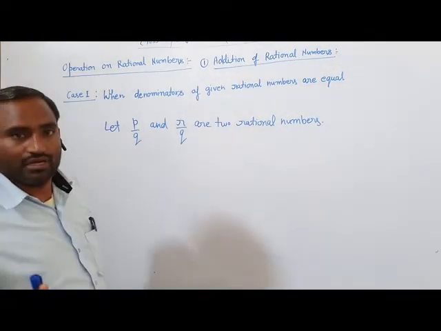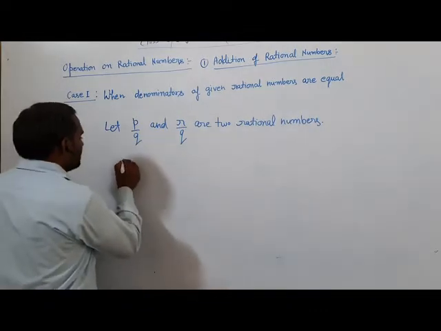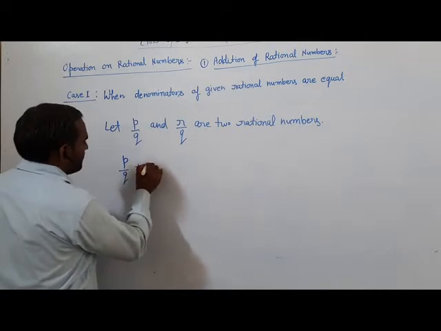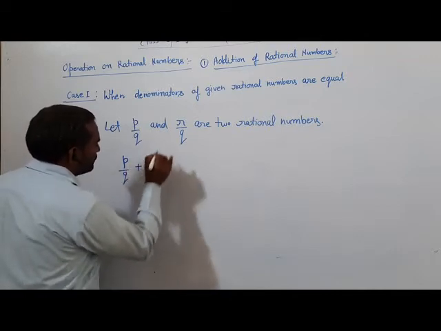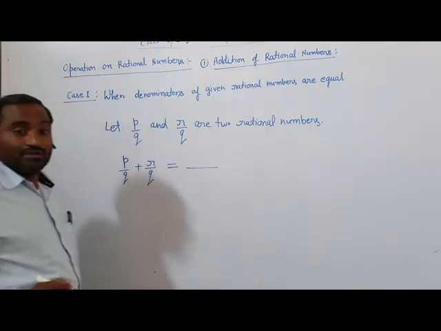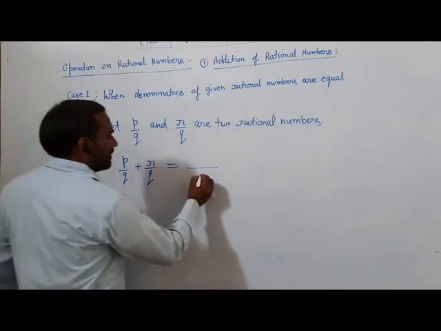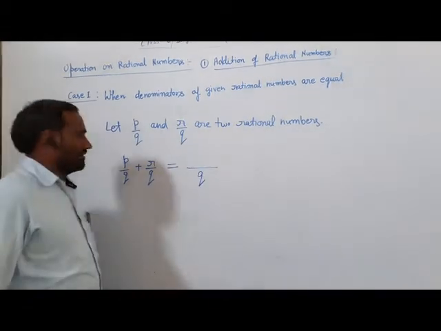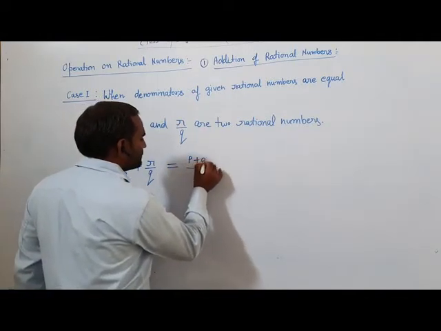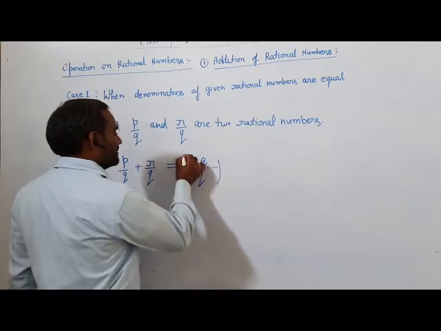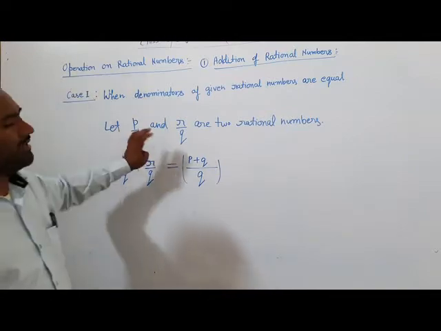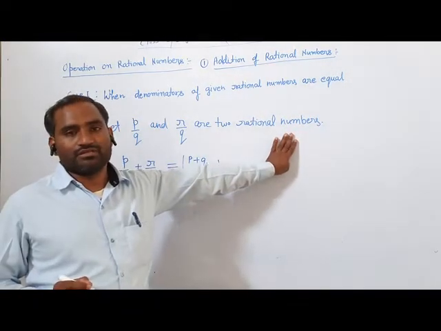Like this, p by q plus r by q is equal to p plus r by q. We write q common and add both numerators. This is the answer. This is the addition of rational numbers with common denominators.